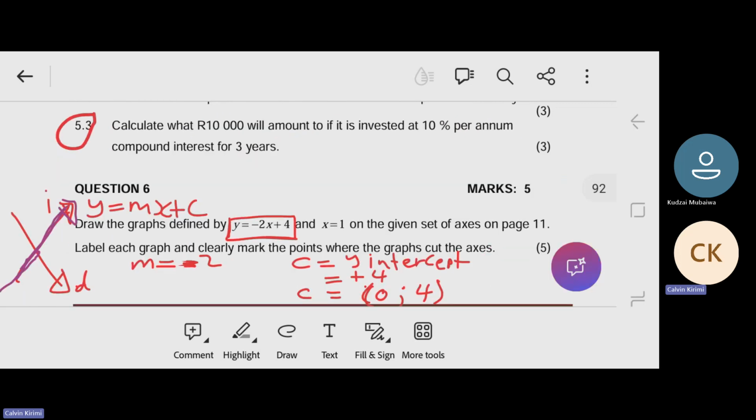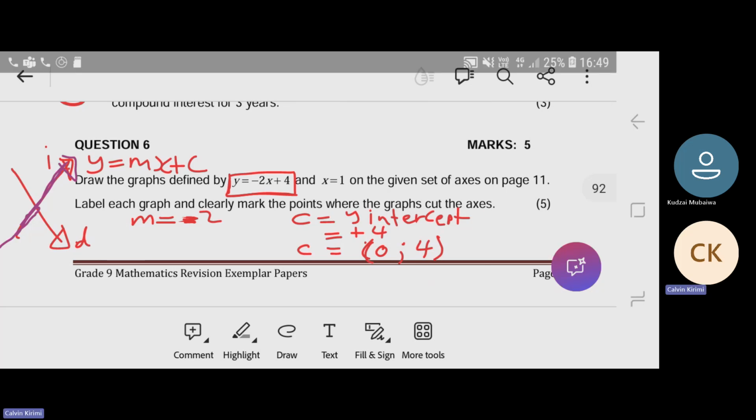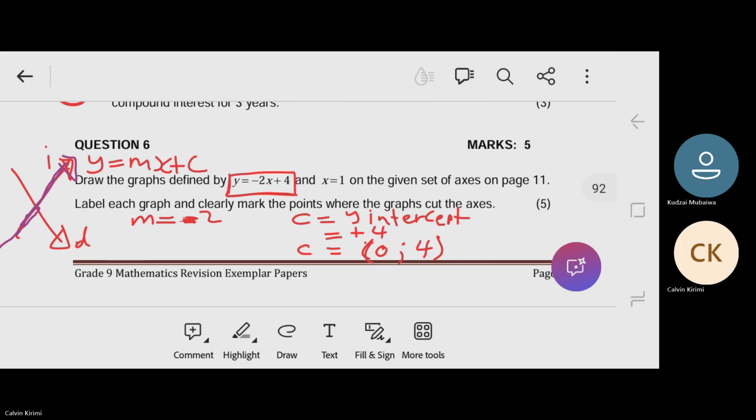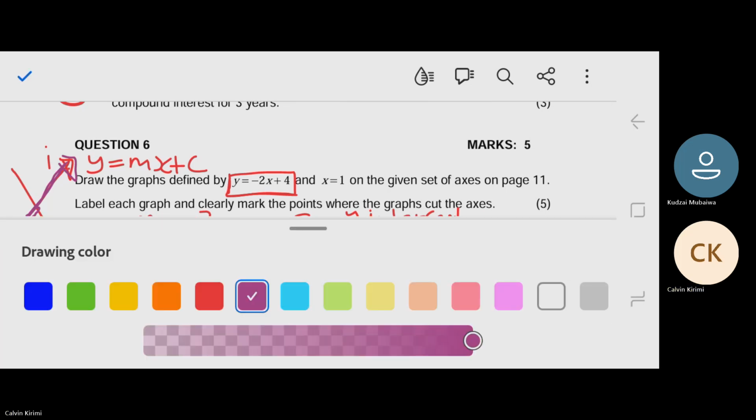Is it the blue one, the purple one, or the red one? I can't see anything yet.